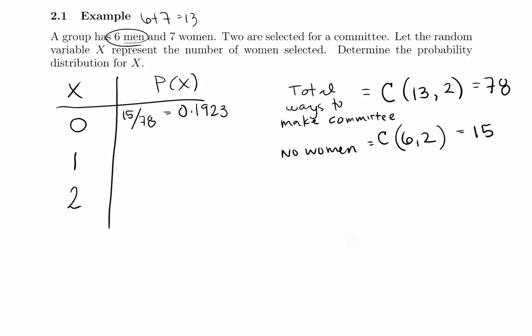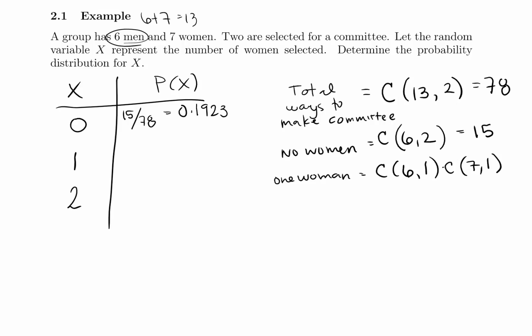And so we want to do the same thing now, but how many ways could we make a committee with 1 woman? Exactly 1 woman. A committee with 2 women technically also has 1 woman on it, but we're saying a committee that has exactly 1 woman. Well, if that's the case, then that means that from the 6 men, we selected exactly 1, and from the 7 women, we selected exactly 1.